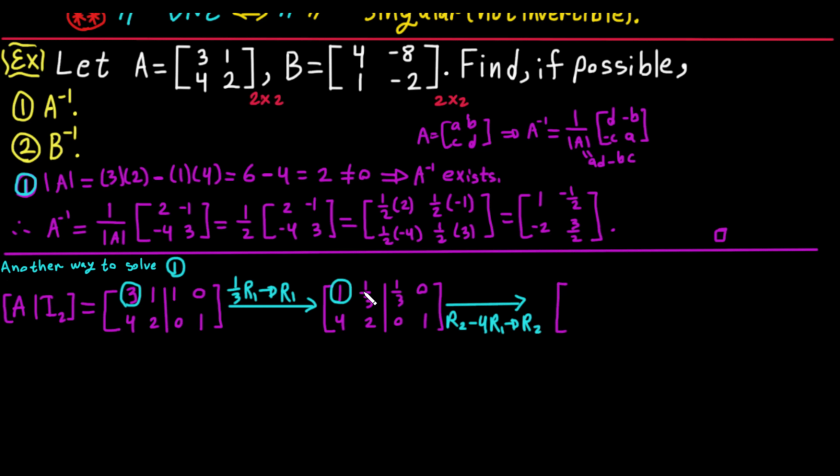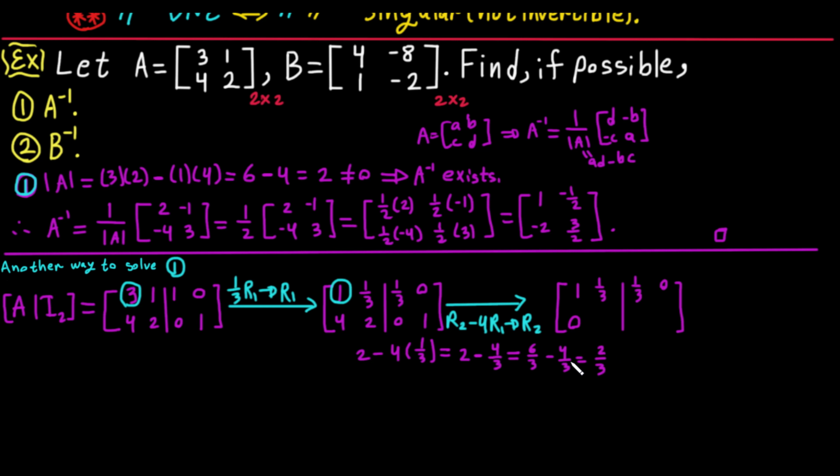So let's write it here. 2 minus 4 multiplied by 1 over 3 equals 2 minus 4 over 3. Let's make this 2 as 6 over 3. 6 over 3 minus 4 over 3 equals 6 minus 4, which is 2, so it will be 2 over 3.